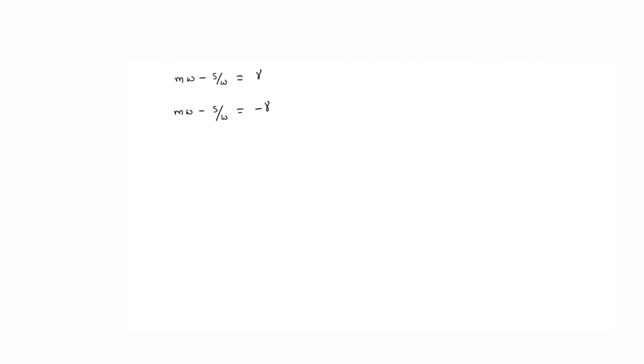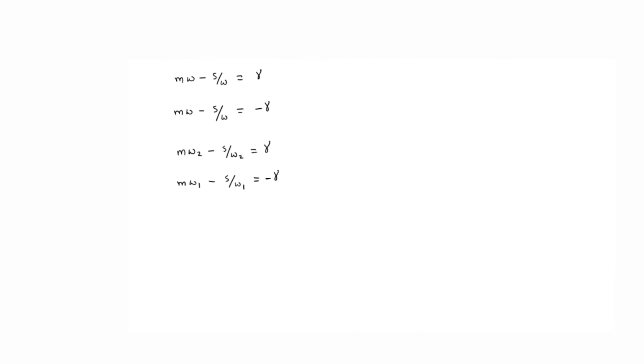So, let us say that one of them corresponds to omega 2. I will have m omega 2 minus s by omega 2 is equal to gamma, and the other one, let us say, corresponds to omega 1 solution. So, I will have m omega 1 minus s by omega 1 is equal to minus gamma.